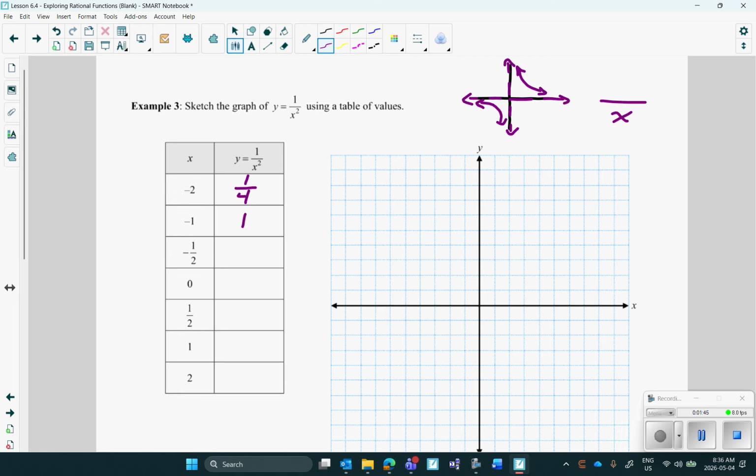One over negative a half squared, well, negative 1/2 squared is positive 1 over 4. And remember, when we divide fractions, that's the same as multiplying by the reciprocal. So it's 1 times 4 over 1, which gives us 4.